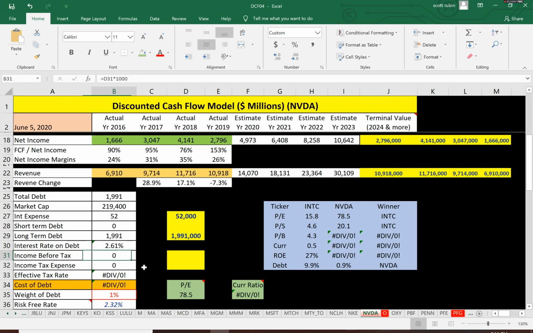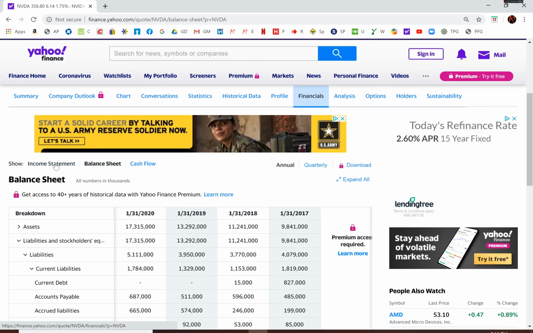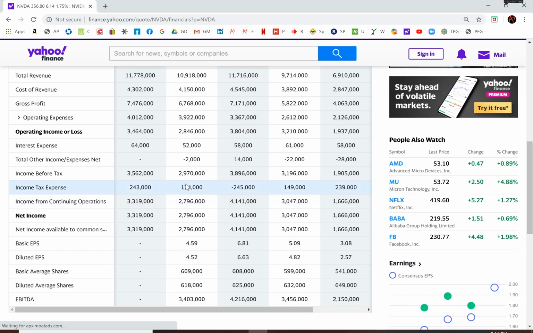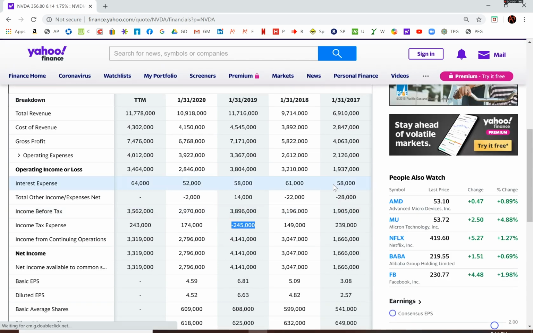Interest is tax deductible. So let's find out their effective tax rate so we can deduct the interest payments. It's kind of hard to get a good read because we're looking for the income before tax and the income tax. And if they have a negative income tax, that means they got a refund that year. So we can't use that one. It looks like the best one is 2017.